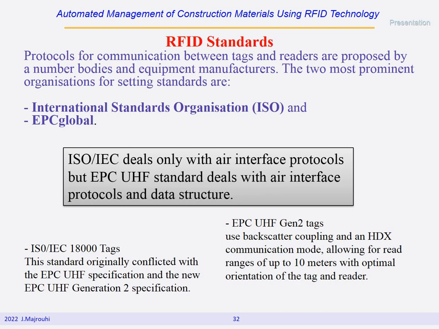EPC UHF Gen 2 tags use backscatter coupling and an HDX communication mode, allowing for read range of up to 10 meters with optimal orientation of the tag and reader.